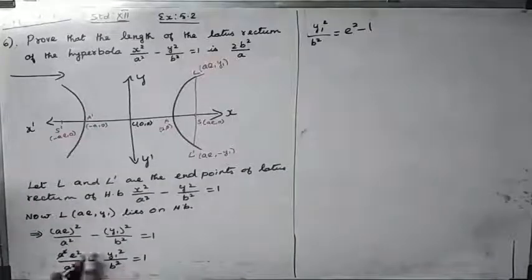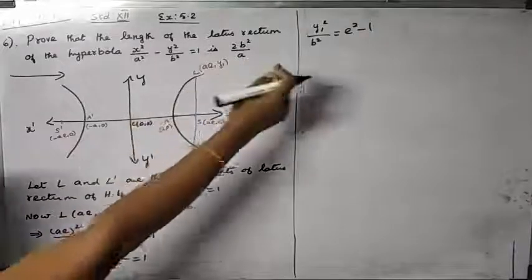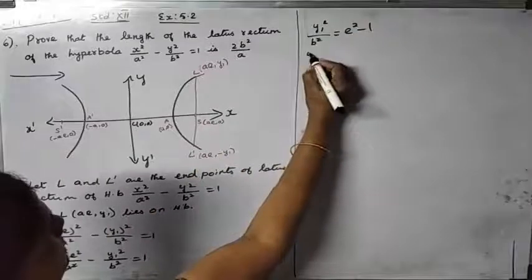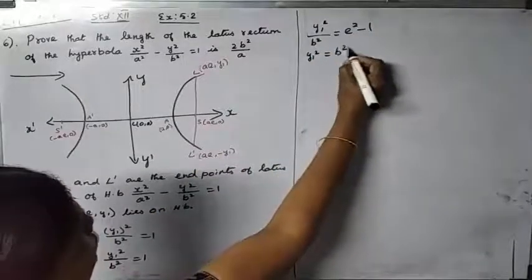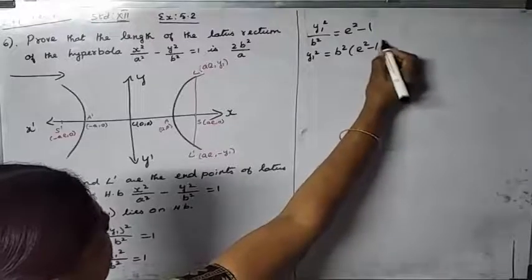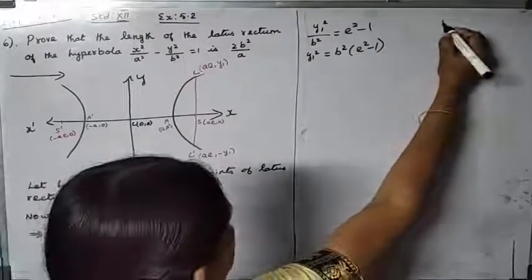Once again, y1 the whole square is equal to, bring this b square this side, b square of e square minus 1.